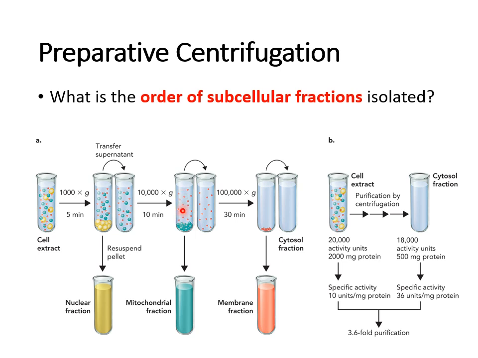Then that supernatant you put into the next tube, when you spin that down longer and faster, you now have the membrane fraction as the pellet, and the supernatant or liquid that you remove now is the cytosol fraction. So you have 4 fractions shown here in total.